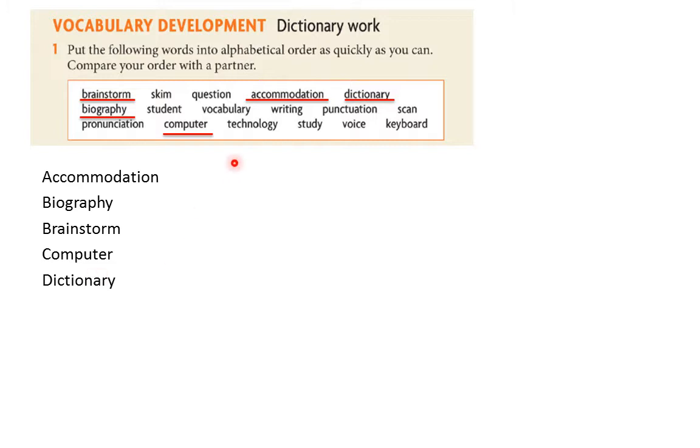After D we have the letter E. We couldn't find any word started with E. So let's go to the letter F. Also, there is no word started with F. And also there is no word started with the next letter, which is G. And there are no words started with H, I, and J. But we can find a word started with K. So the next word is keyboard.